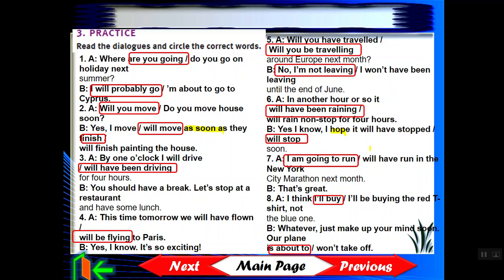As you could see, we have about 7 uses in the future. We can use other tenses than will with the future, with going to, or with present simple, or with present progressive. With the present simple, we use it with schedules and timetables. With the present progressive, for plans and arrangements.